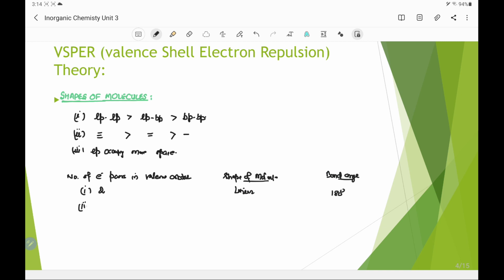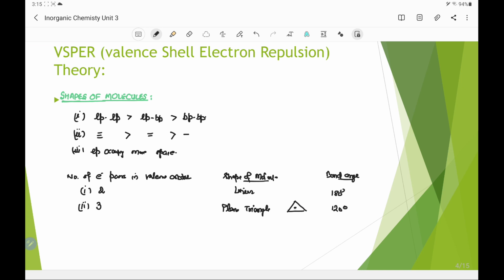Similarly, if it has 3 electron pairs, then the shape will be plane triangle. That means it is a triangle in a plane, and it will have a 120 degree bond angle. The figure will be like this.